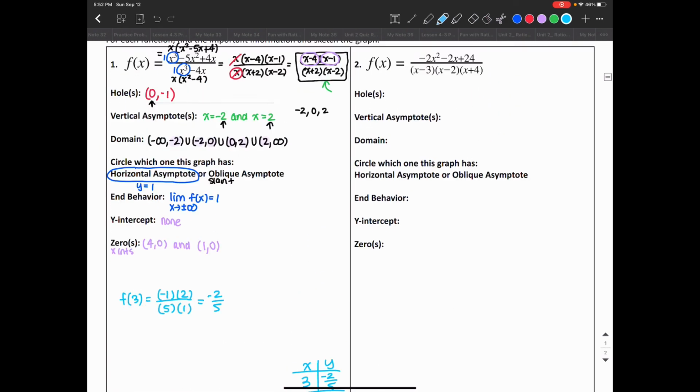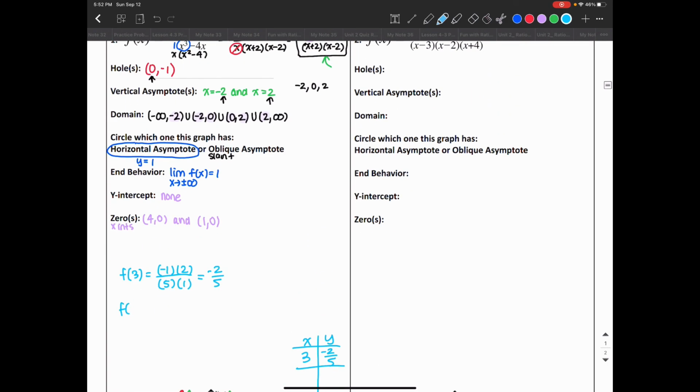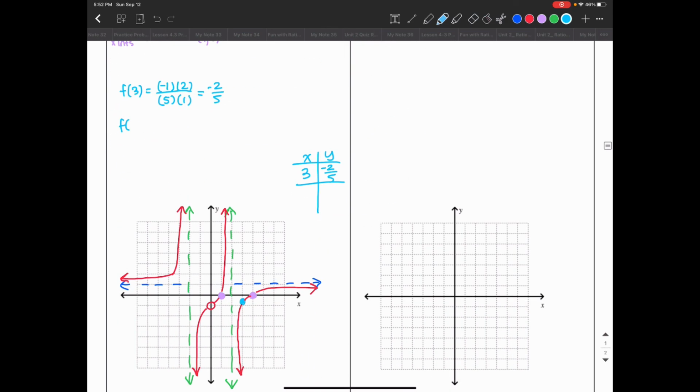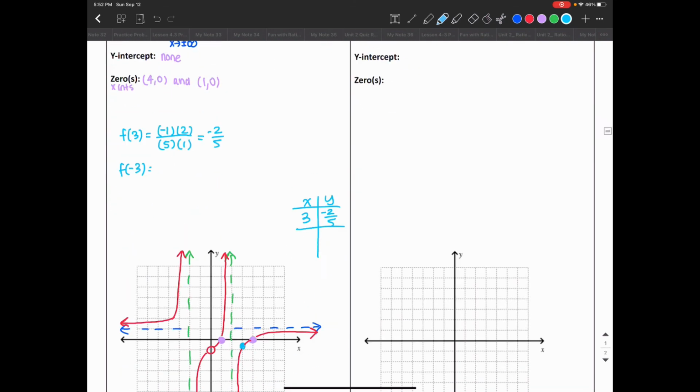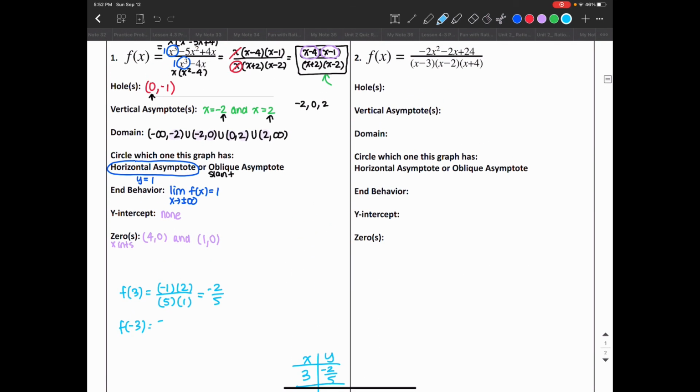So if I wanted to check another point, I would check f of -3, and that would be -7 times -4 over -1 times -5.